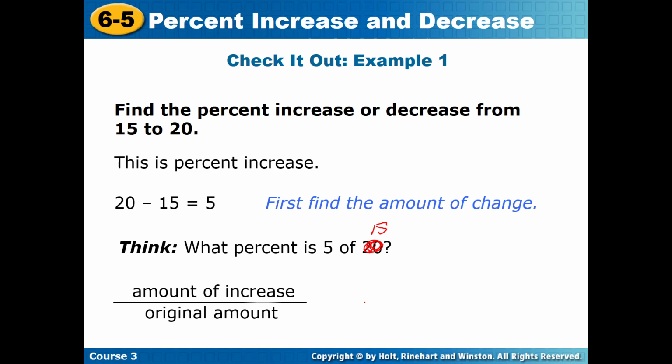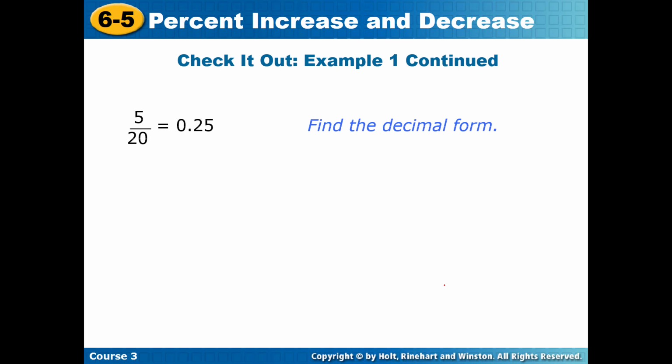Right? So let's see, what did they do? They did 5 divided by 20, but what should we have done? 5 divided by 15, which actually gives us 0.33333333. We know it's going to be 0.33, so this one should be, again, a 15 here, which should give us not 0.25, but 0.3 with a bar.